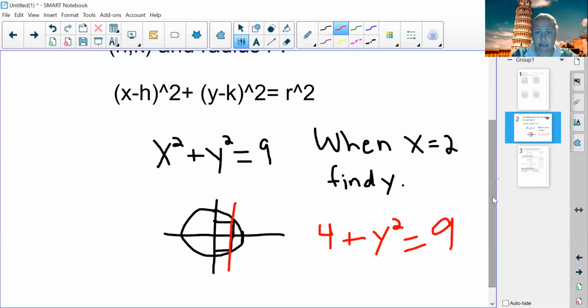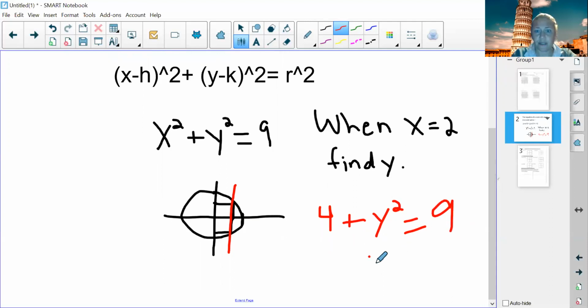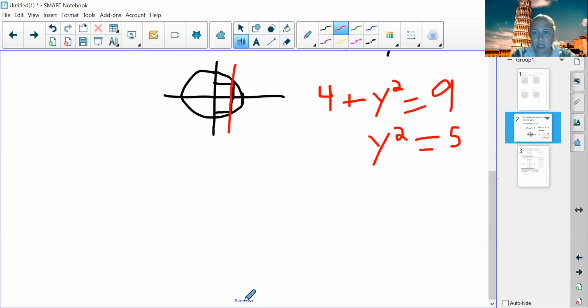I get this. Subtract 4 from both sides, y squared equals 5. And when I take the square root of both sides, I know some of you, when we were on the square root section, were wondering where the plus and minus business was going to come in. This is where it comes in, right?